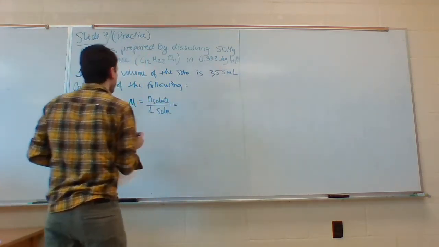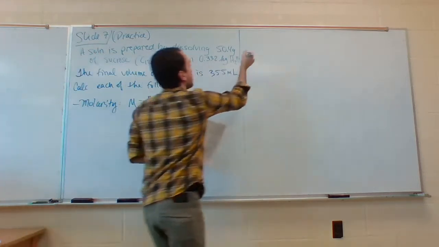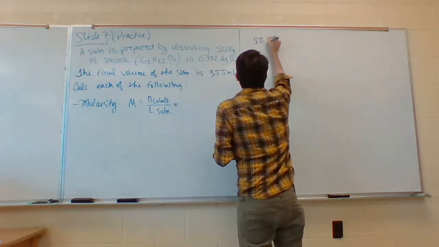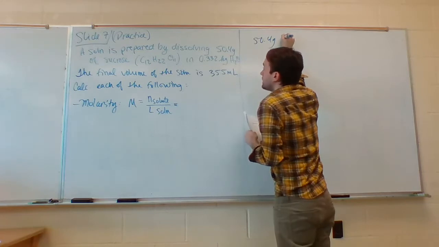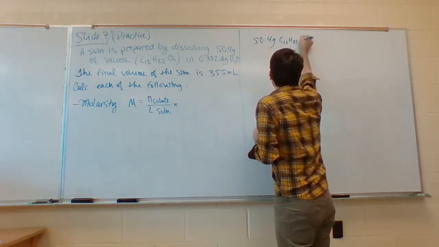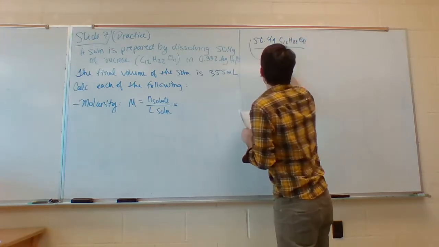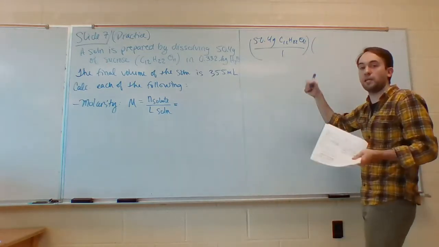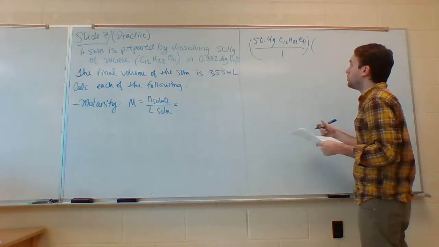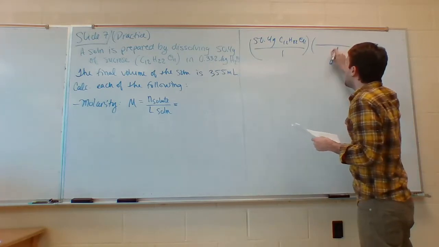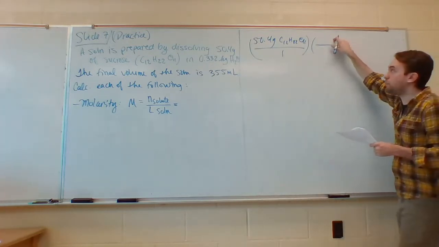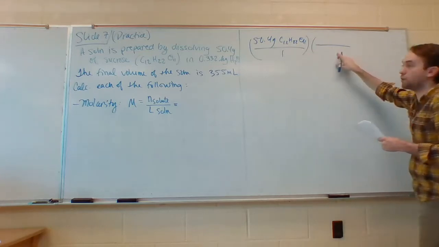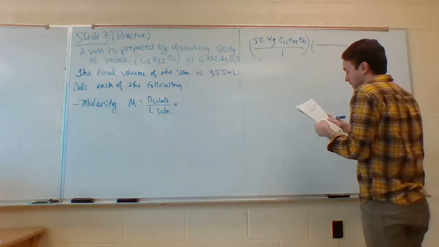Well, we have 50.4 grams of C12H22O11. We will convert that into moles using the molecular weight, so we'll get something in so many grams per mole. The grams are going to go on the bottom and the mole goes on the top, because we want to make sure that our grams cancel.